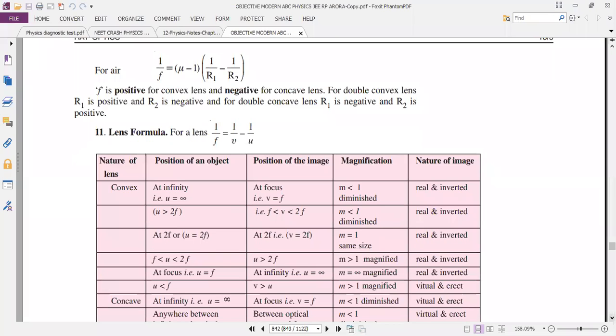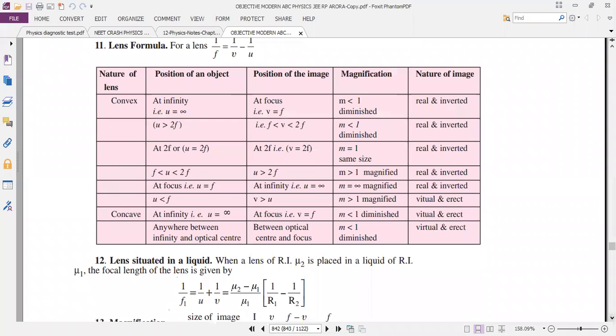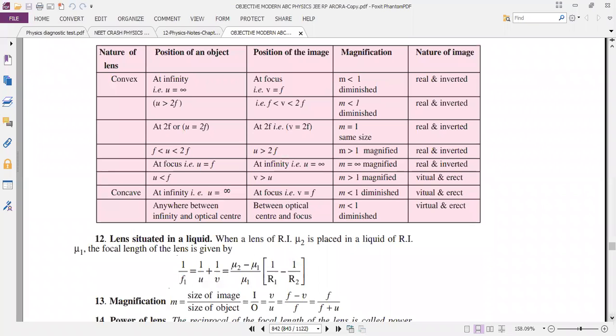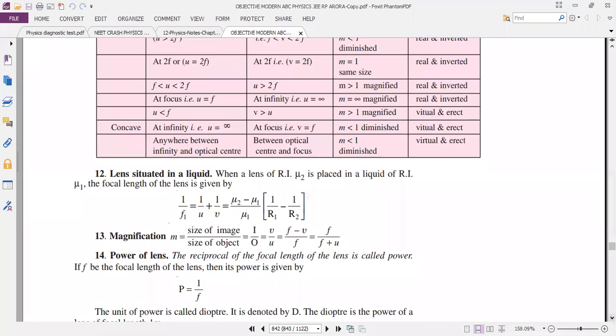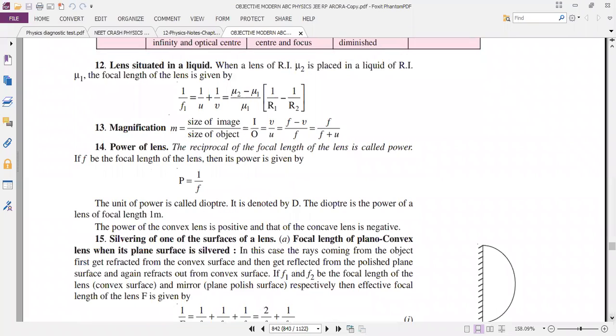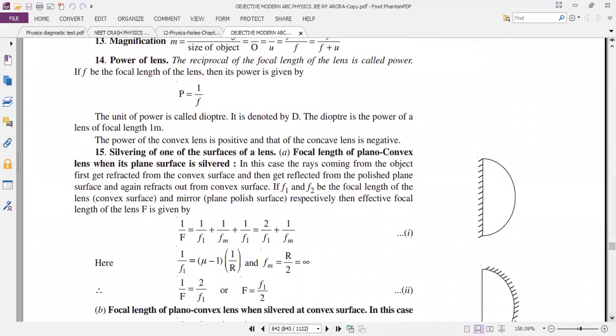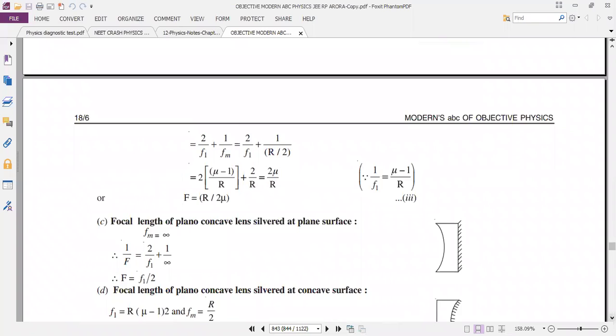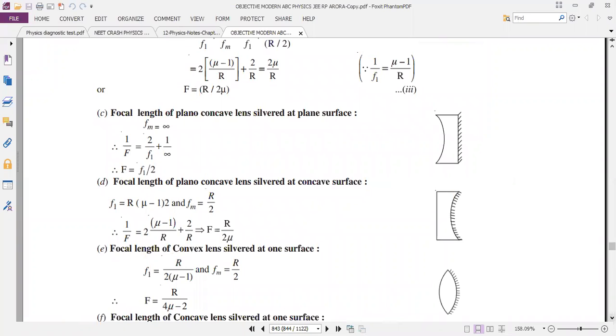Now we are discussing ray optics. We already completed the lens maker formula, magnification formula, and power of the lens formula. Next, the different conditions. The focal length of a plano concave lens silvered at the plane surface: Fm value is infinity, then F is equal to F1 divided by 2. Plano concave lens, plano convex lens, please note the formulas.